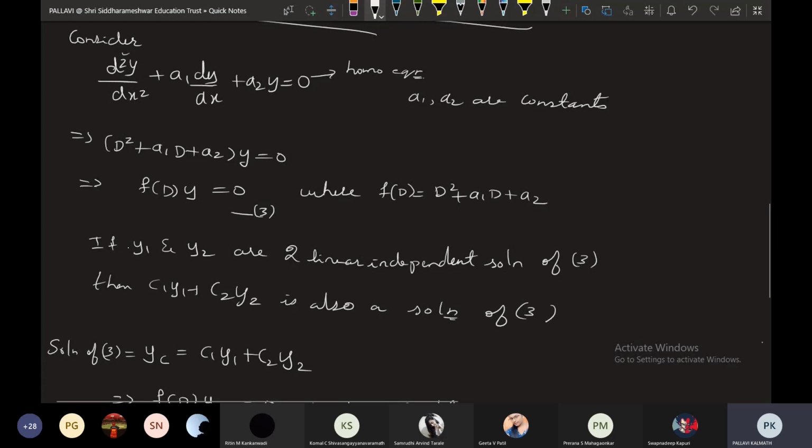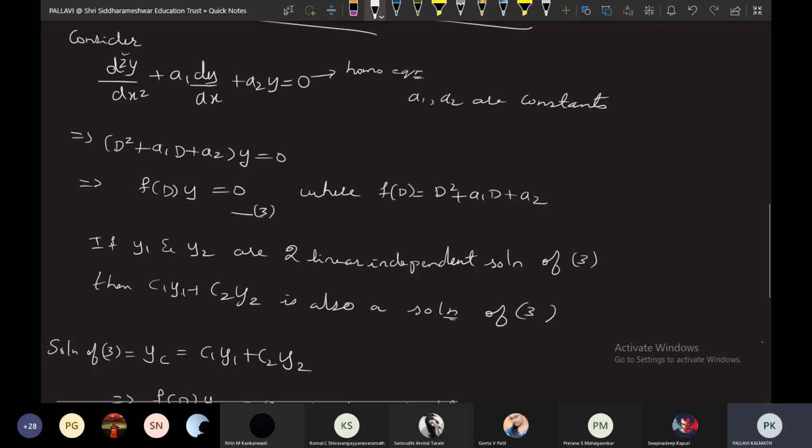Since you are having it as second order, y1 and y2 will be the two independent solutions.